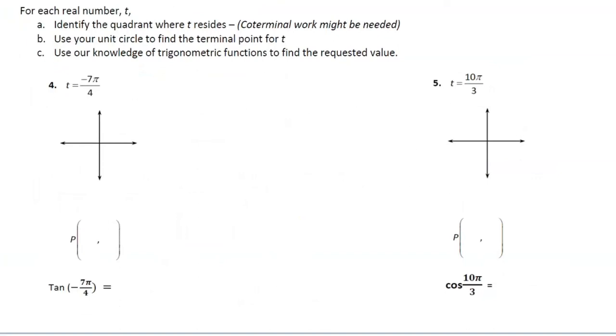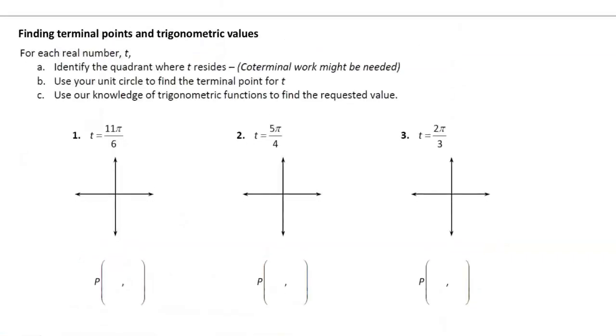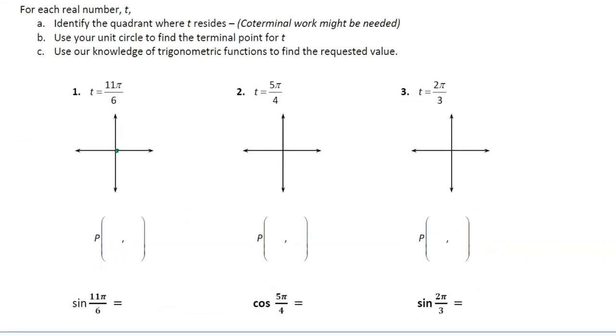So come down here, indicate, I'm up here, indicate where that angle is, and it's over here, right? So that's my terminal value. From here all the way around, that is your t. What is your t bar? Your t bar is your reference angle, which is pi over 6.